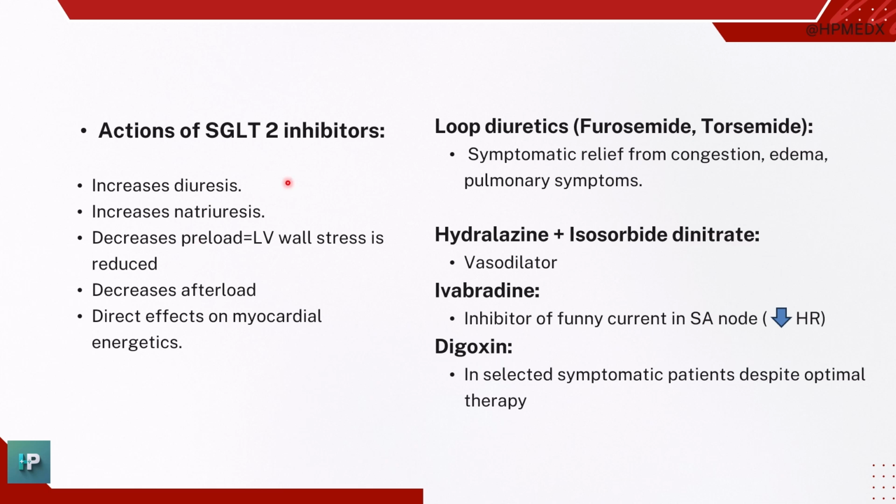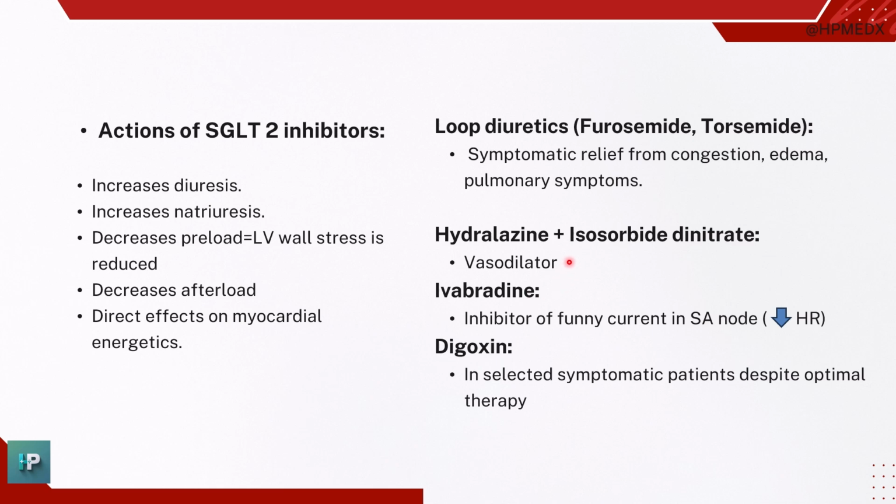And it has also other actions such as decrease in afterload, and then direct effects on the myocardial energetics, and then loop diuretics cause diuresis, so that it is used to relieve symptoms from congestion, edema, and pulmonary symptoms. And then hydralazine and isosorbide dinitrate, it is a vasodilator, so decreases the afterload.